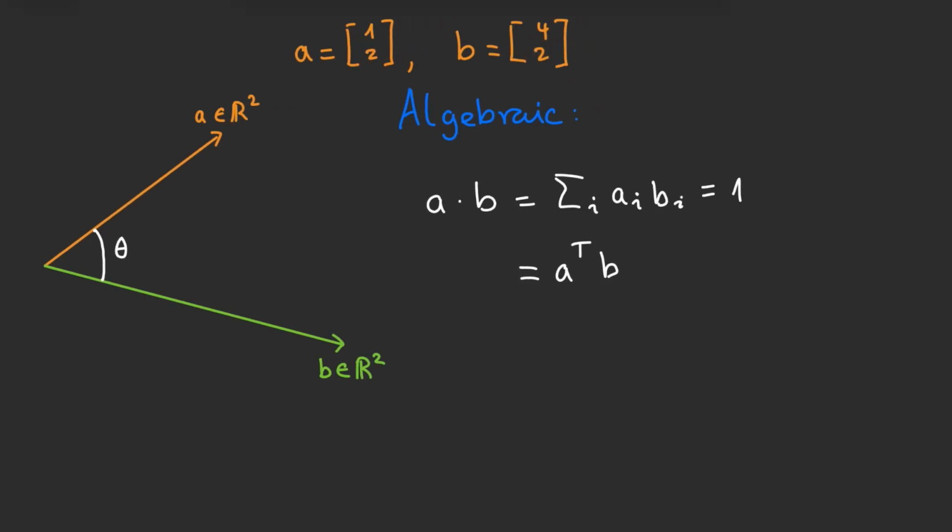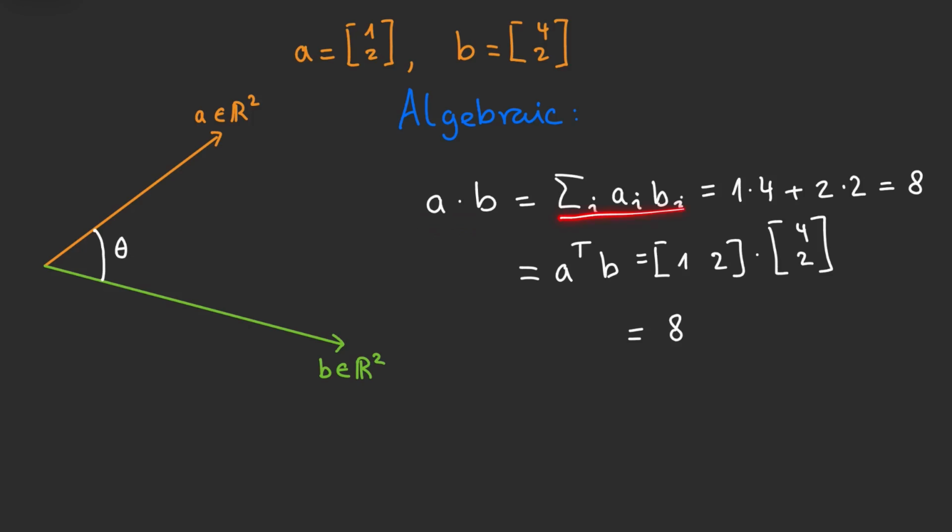So it would be 1 times 4 plus 2 times 2, which is 8. And if we apply the lower formula here, which is 1, 2 times 4, 2, we multiply the first row with the first column of the second component, which gives us exactly this form again. So 1 times 4 plus 2 times 2. So we also get 8. So you see that these two formulations are equivalent.